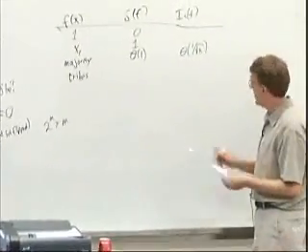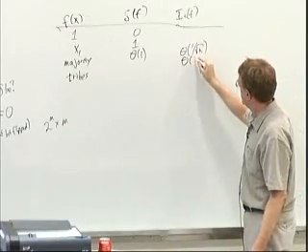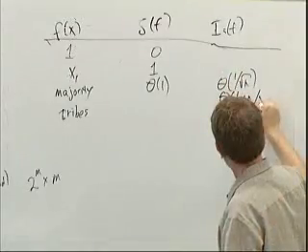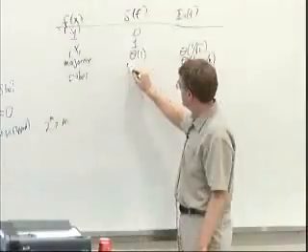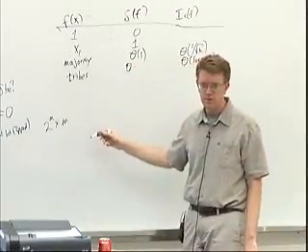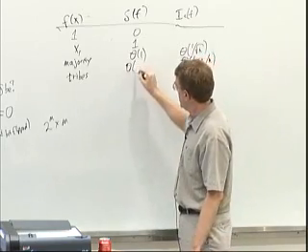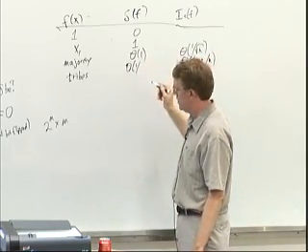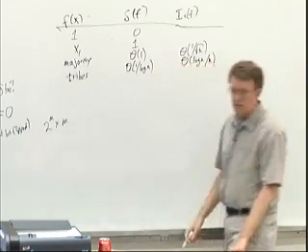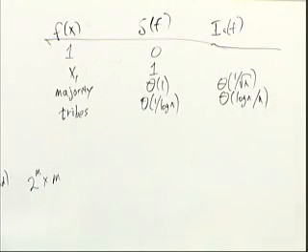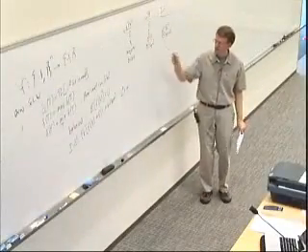For tribes, the influence is log n over n, which is small, but delta is still pretty big because you have to look at most of the tribes in order to verify that the function isn't -1. But for any given tribe, you only have to look at order 1 bits typically, and so it's order 1 over log n.